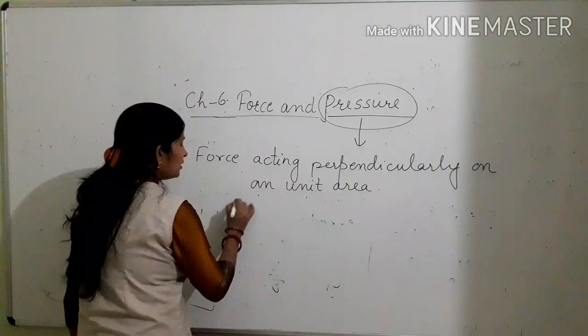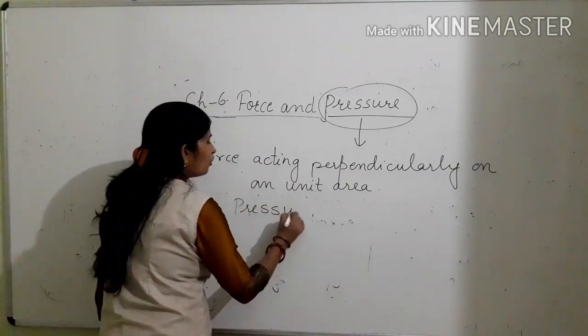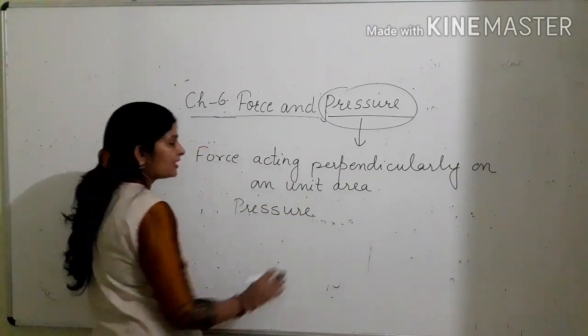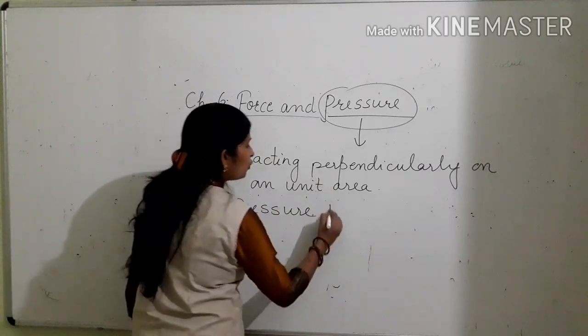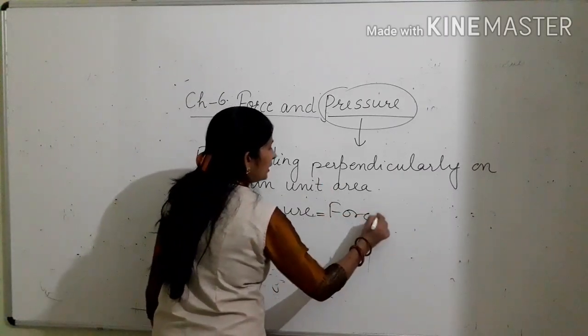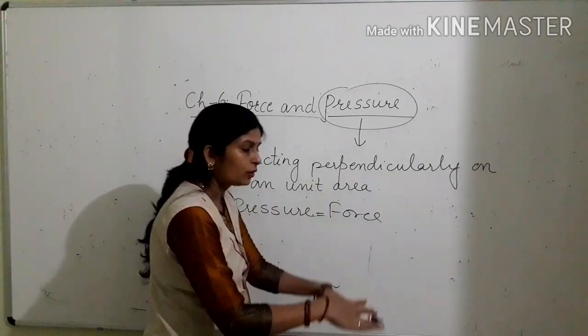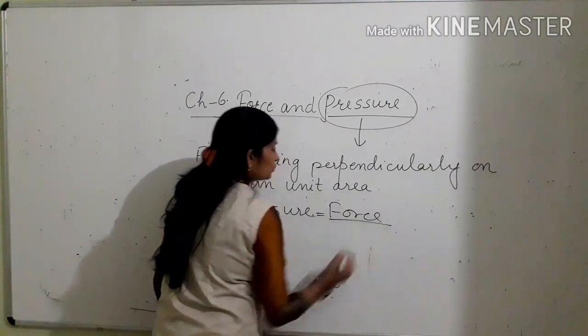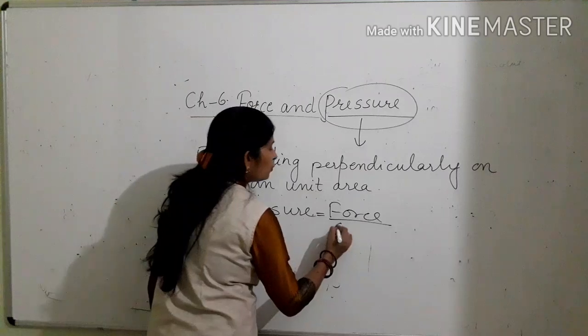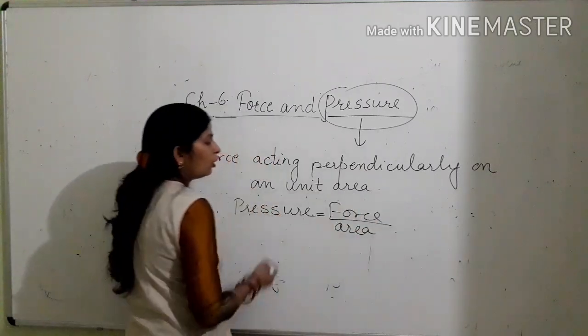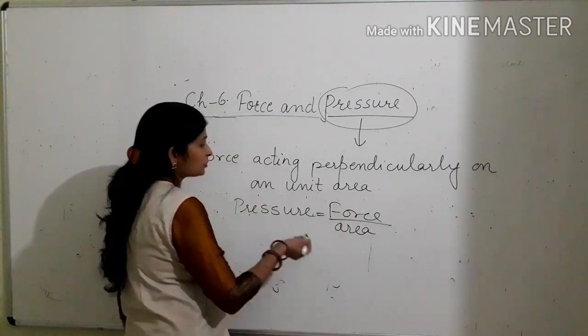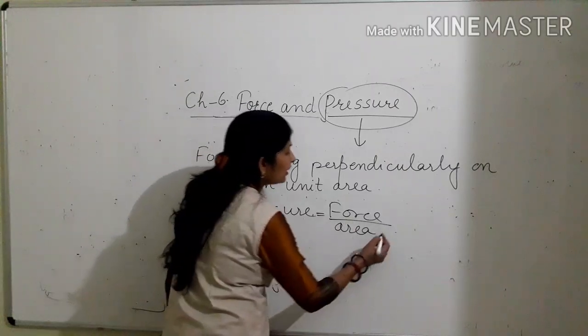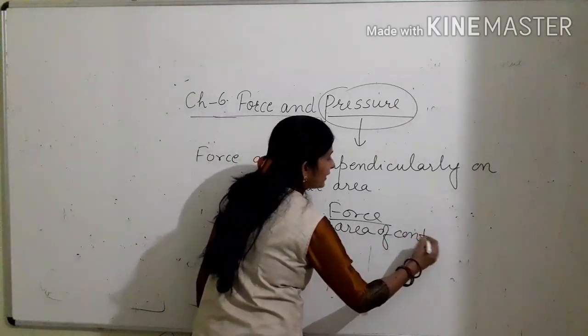From the definition, we can write the formula of pressure. Pressure is equal to force acting perpendicularly on a unit area. So pressure is equal to force upon area, or we can also write pressure is equal to force upon area of contact.